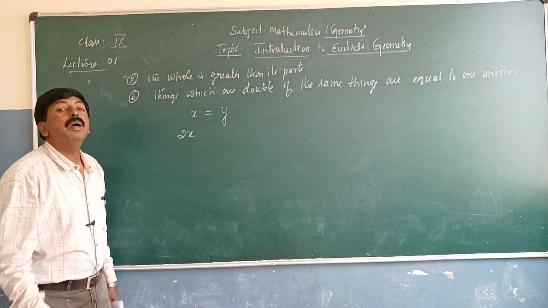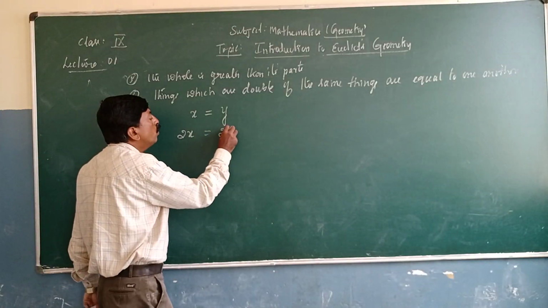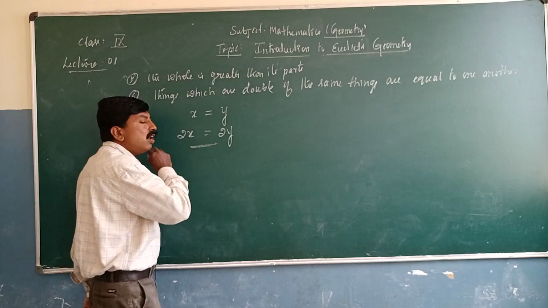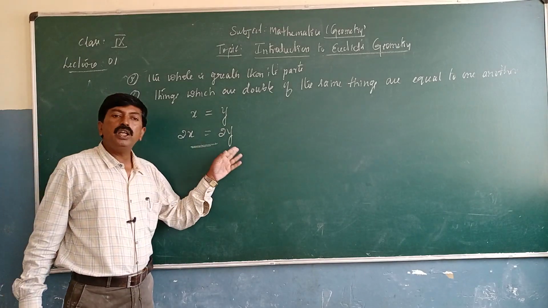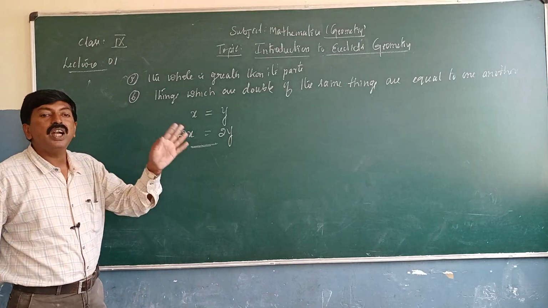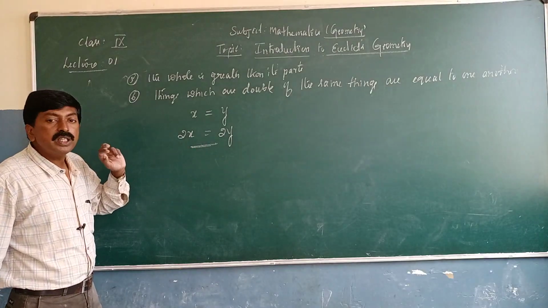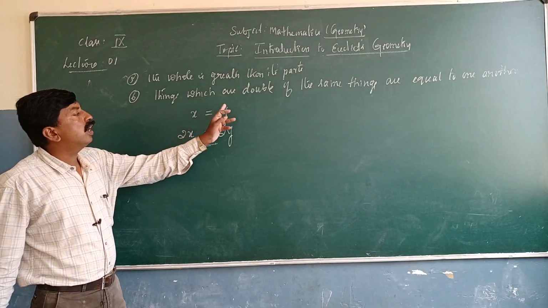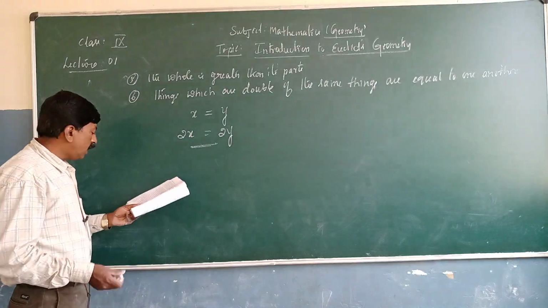Let's call it double, which must be equal to 2y. They are also equal. The meaning is the same quantity you multiply on both sides, the value does not change. That is the meaning of this statement: things which are double the same thing are equal to one another.